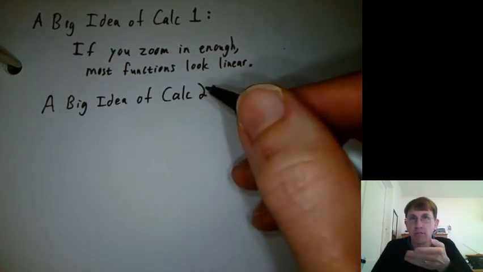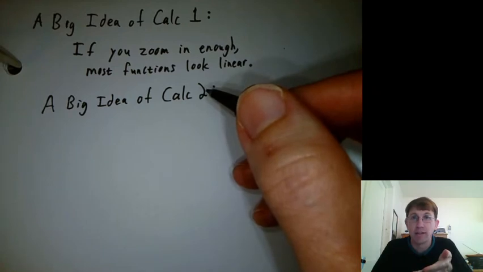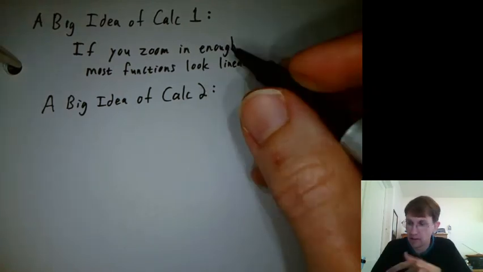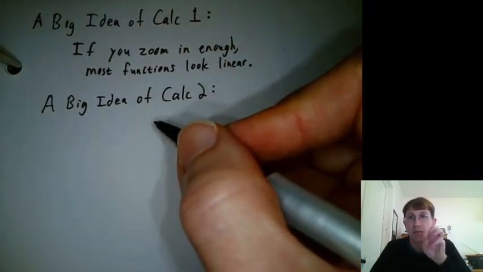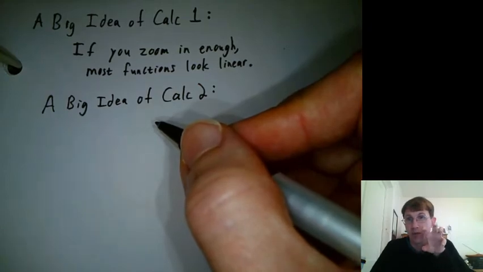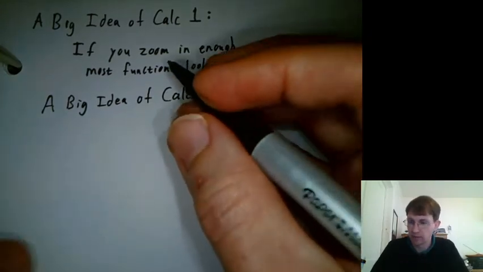It's no longer that most functions look linear, it's that now we're approximating with other functions, right? And those are important because we've kind of zoomed out a bit from being zoomed in so far everything will look linear.